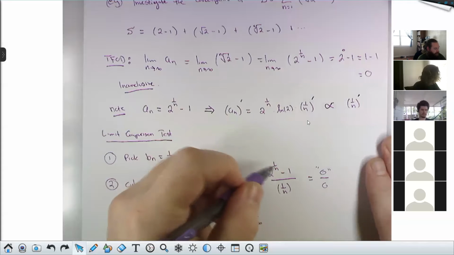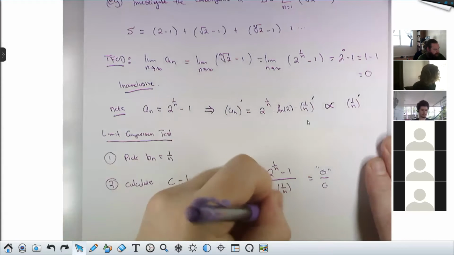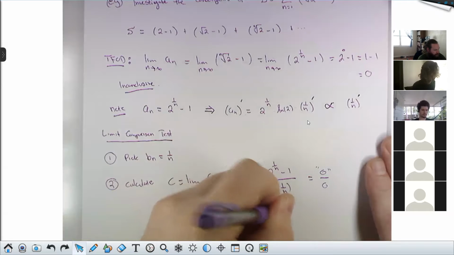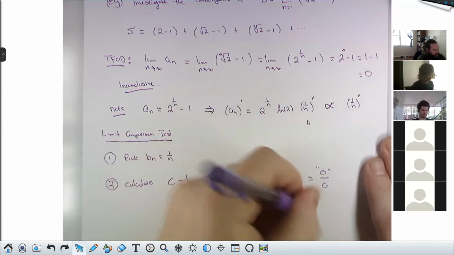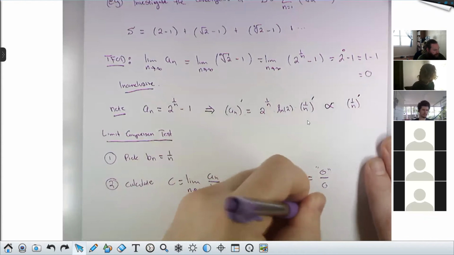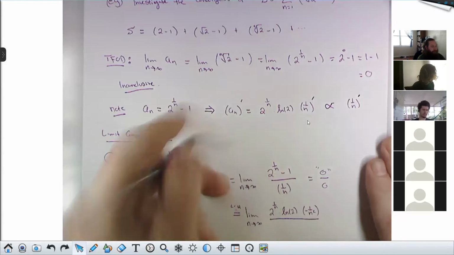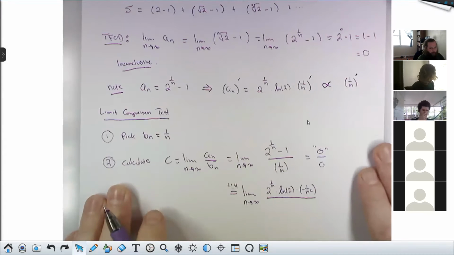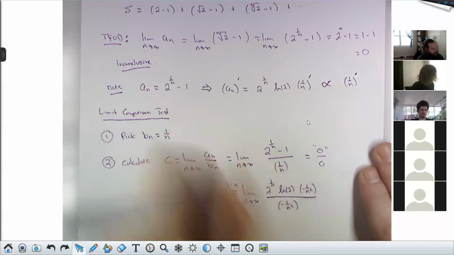The derivative of 2 to the 1 over n minus 1, I talked about that up here. That's 2 to the 1 over n times the natural log of 2 times the derivative of 1 over n, which is negative 1 over n squared, divided by the derivative of 1 over n, which is negative 1 over n squared.